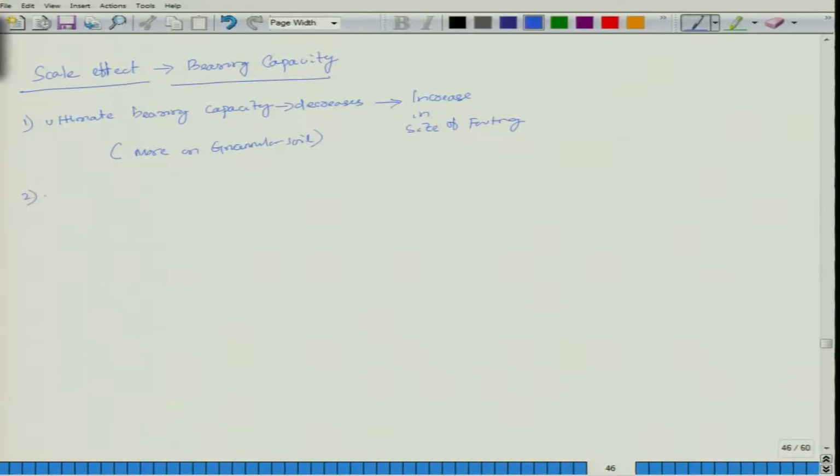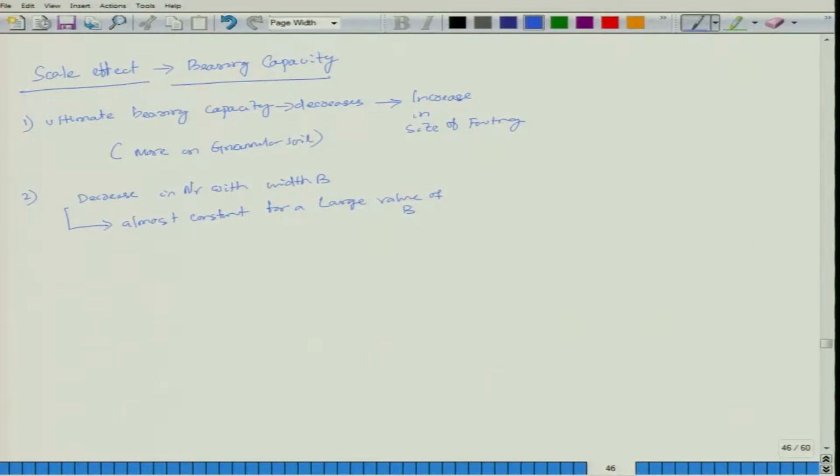Then the second part is the decrease in N gamma with foundation width B, and it remains almost constant for a large value of B.